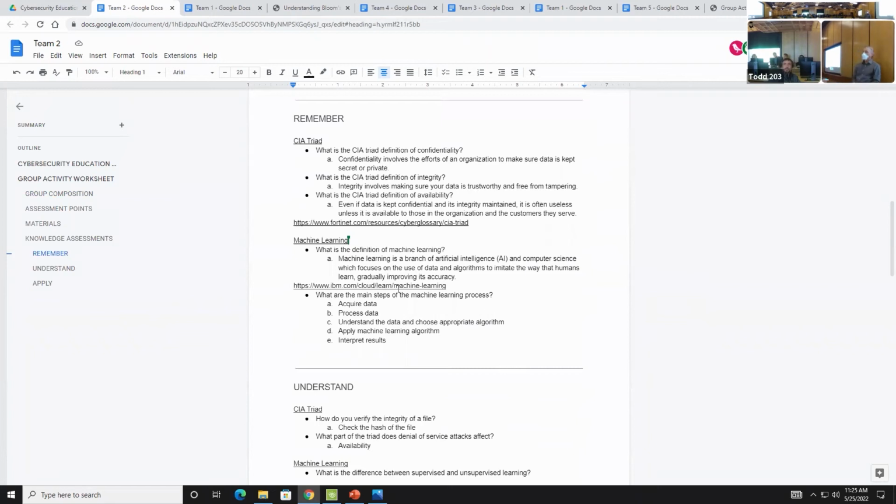All right, so remember questions. What is the CIA triad definition of confidentiality? Let's start with this. So one thing I'll say is, what is CIA?